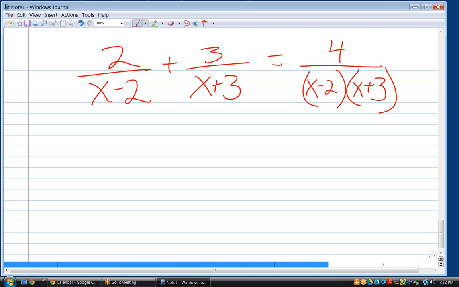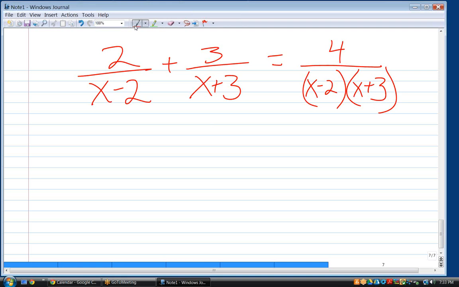Now, there's two ways we can solve this equation. We can add these two fractions, finding a common denominator, and then going from there. But there's a technique that I really am particularly fond of, where in one step, we can get rid of all denominators that are in this equation.